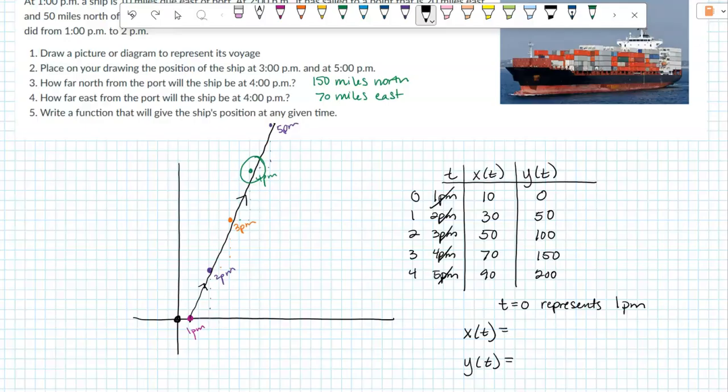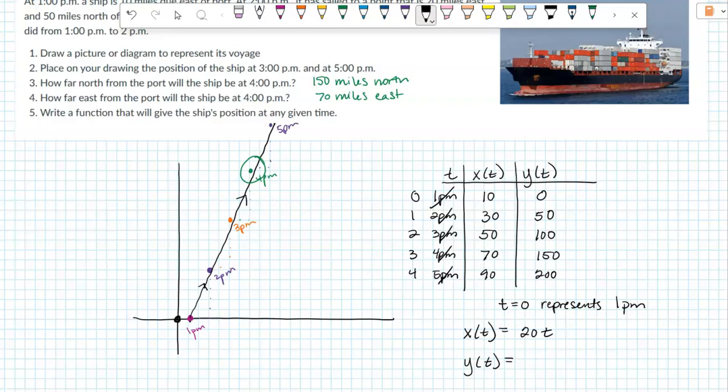When I look at x of t, I see from 10 to 30, 30 to 50, 50 to 70. You should recognize that pattern. We've got a sum. So this is linear. This is kind of a callback to our functions unit. And so we're going to write this equation. And since the common difference is 20, we know that we're going to have 20t.